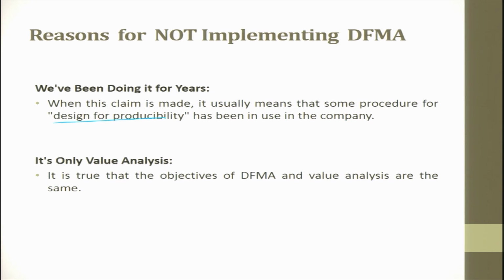Okay. Design for producibility is used in the company. It's only value analysis. It is true that the objectives of DFMA and value analysis are the same. So, this also puts a restriction on implementing DFMA.